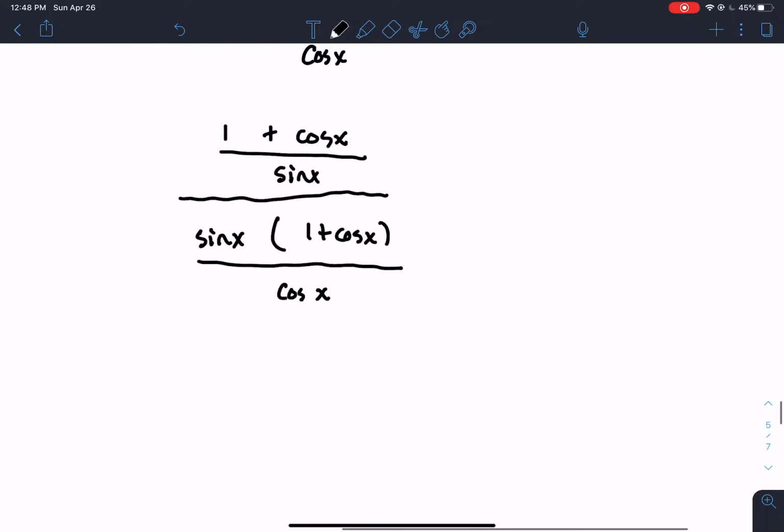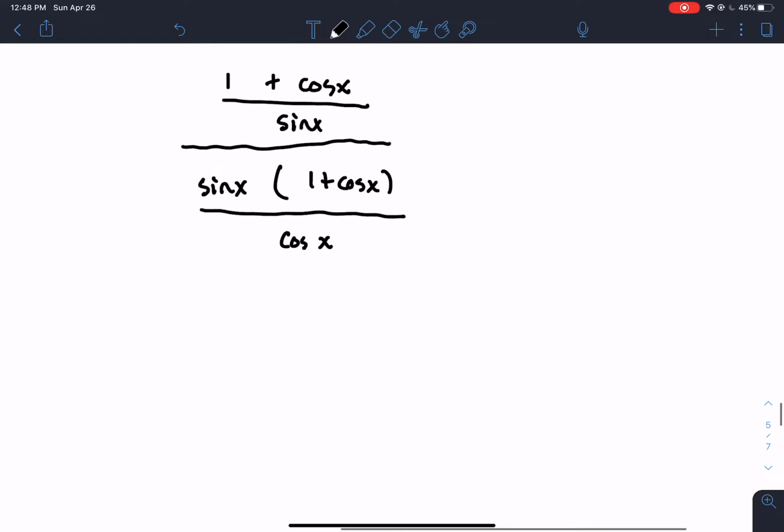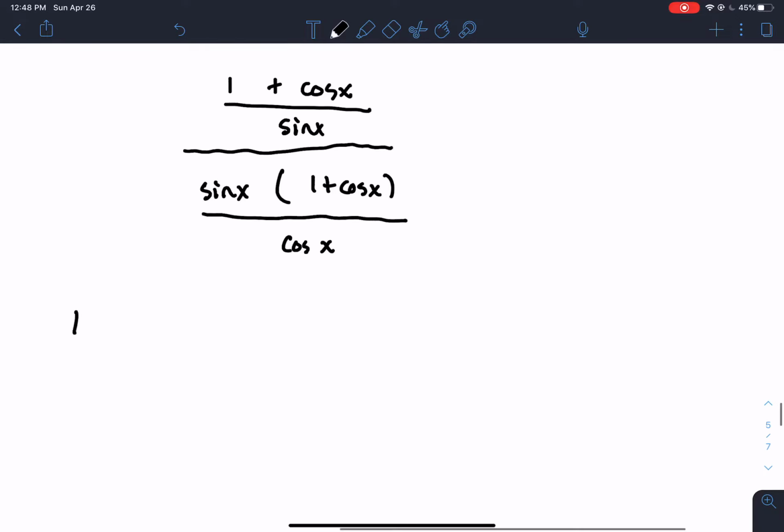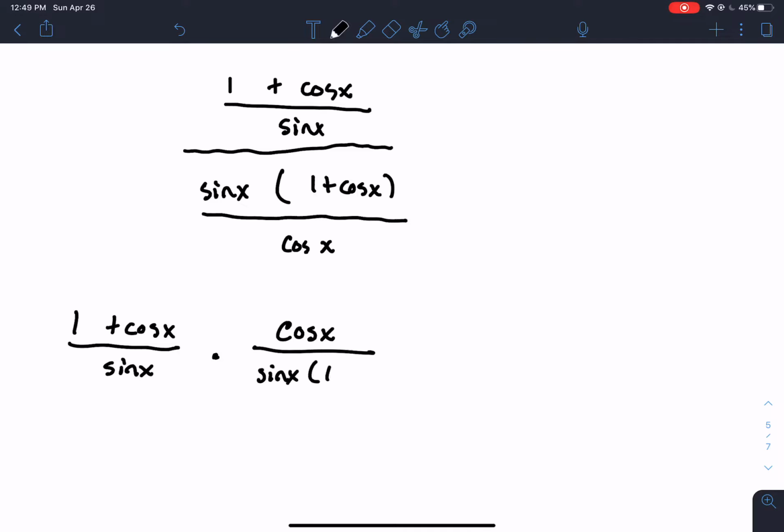Now you have one fraction being divided by the other one, so let's rewrite that. So 1 plus cosine x over sine x times the reciprocal of the denominator, so cosine x over sine x times 1 plus cosine x, right?